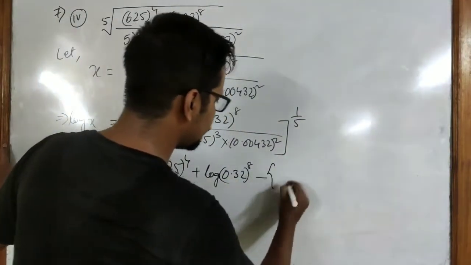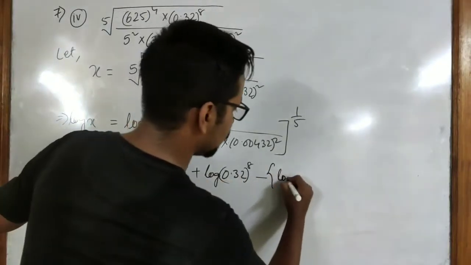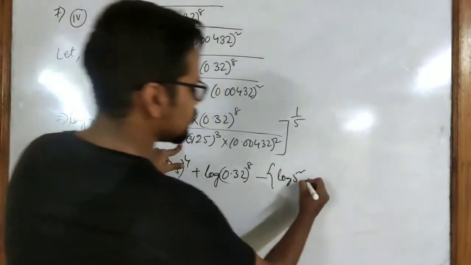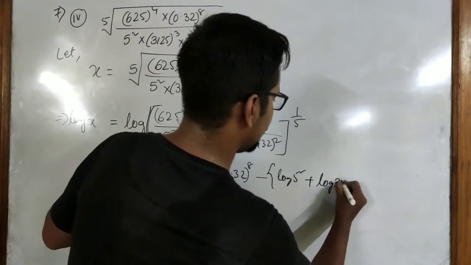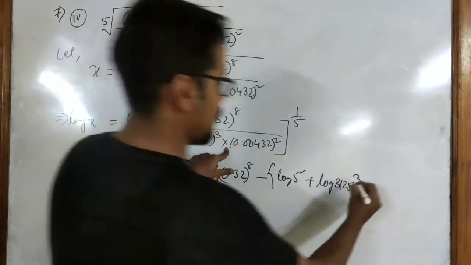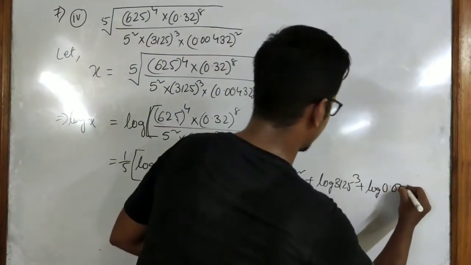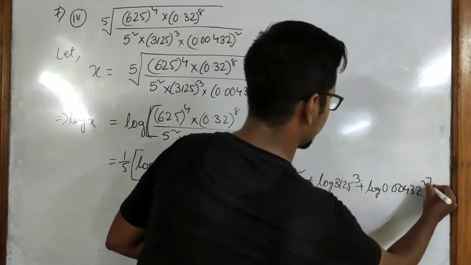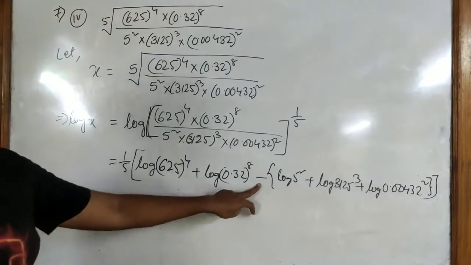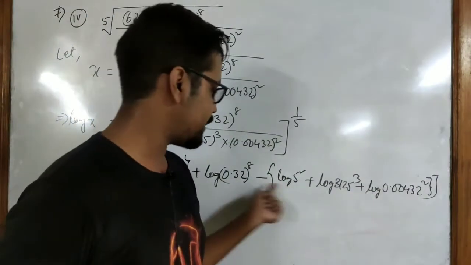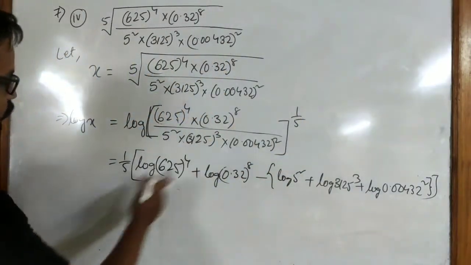What we are going to get? Minus of log 5 square into means plus log 3125 whole cube plus log 0.00432 whole square. So since this is minus, it is going to be minus, plus minus minus, plus minus minus. So ultimately everything is going to be minus.